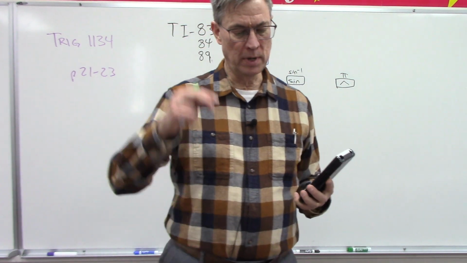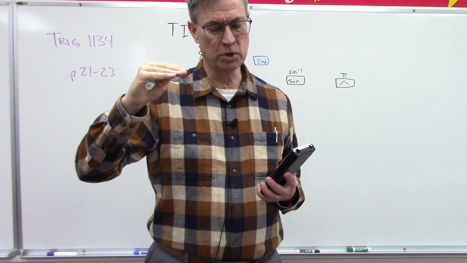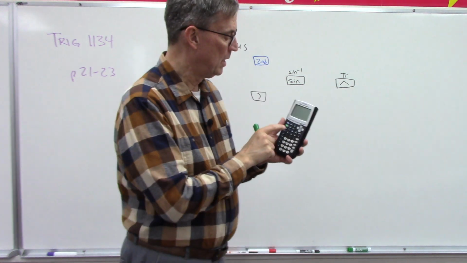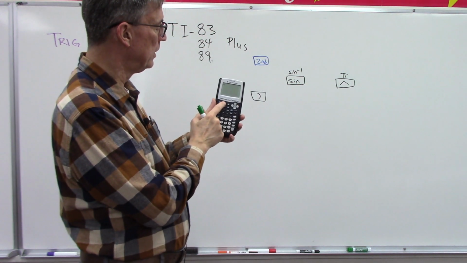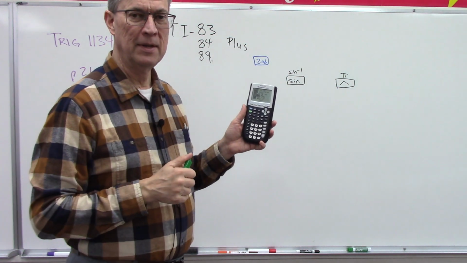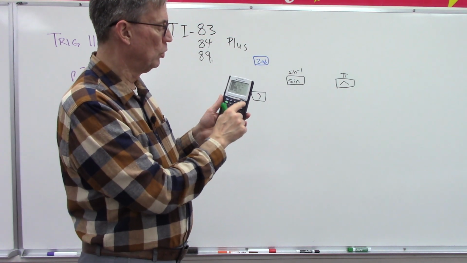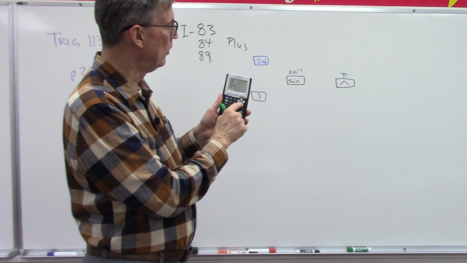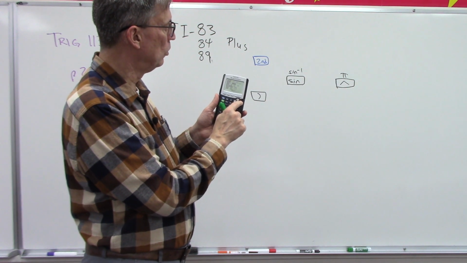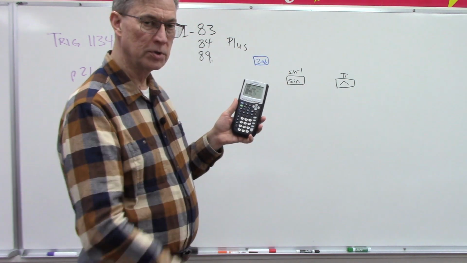On page 21, there are 3 calculations you're supposed to plug into your calculator while you are in degree mode. Now, if you hit the mode button here, it should pop up with a little menu. Right now I have it on radian mode, but you would just use the scrolling keys to scroll down to where it says either degree or radians, then scroll over, and hit the enter key to select that.